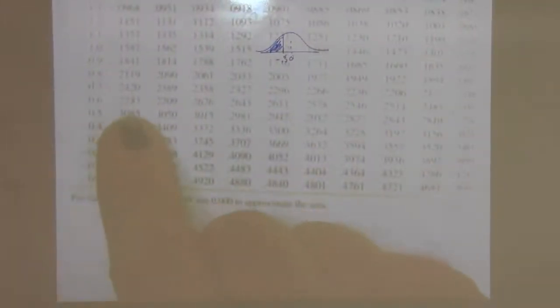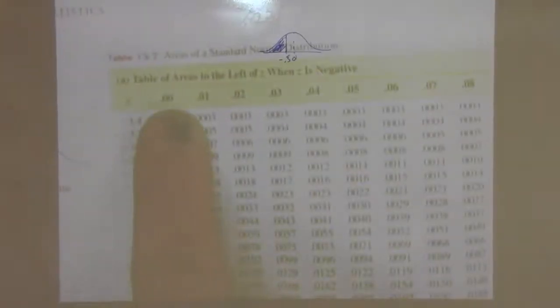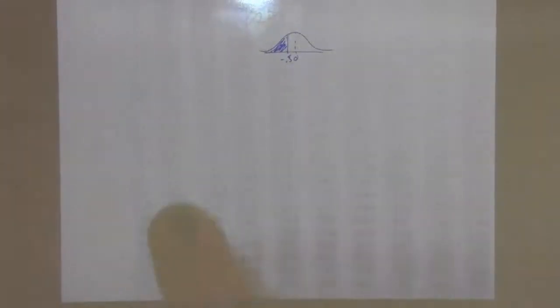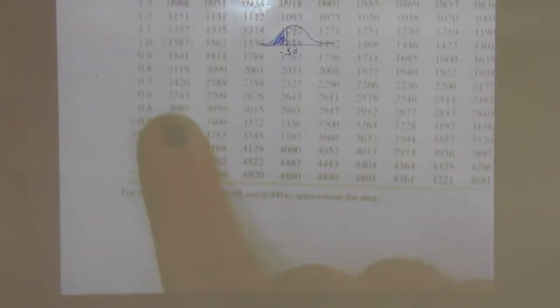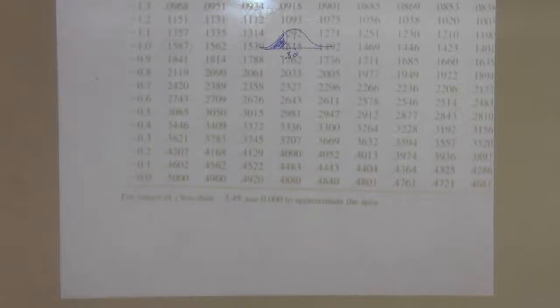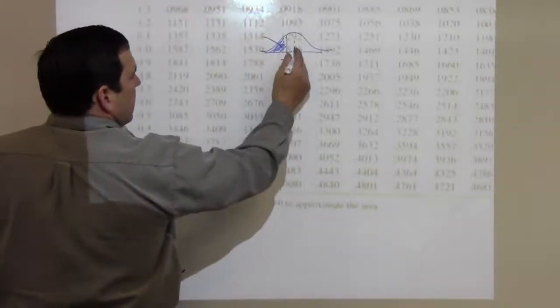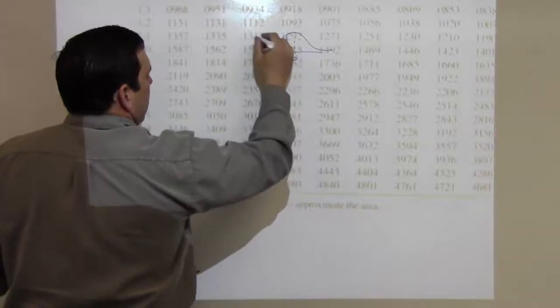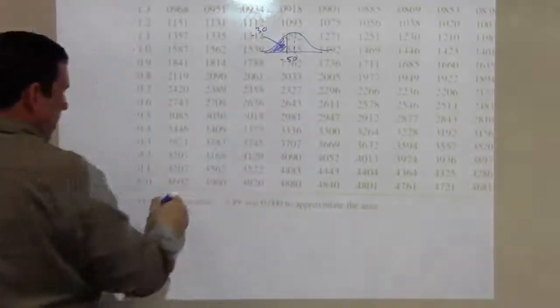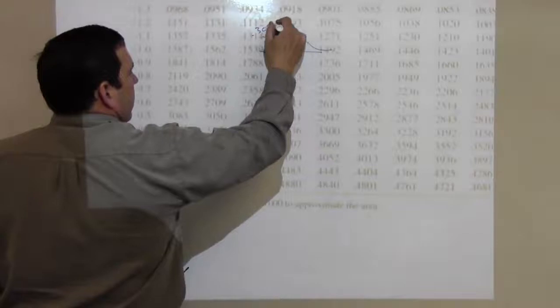So -0.5, come all the way down here. This is 0, so there's no decimal after the 5. It's going to be 0.3085. So that means this region to the left of -0.5 is 0.3085.